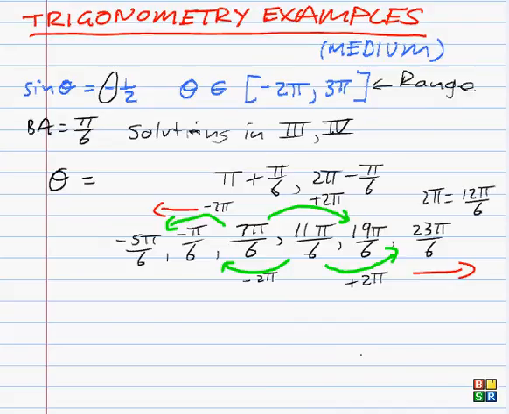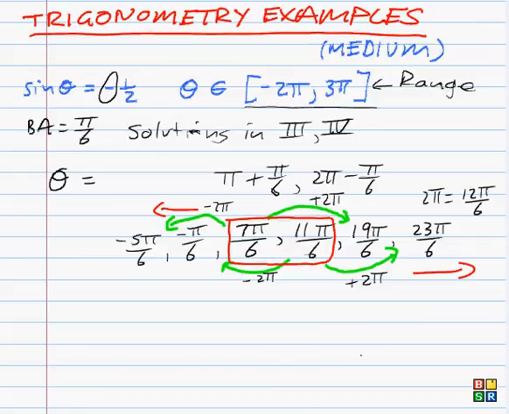Now, why are we doing this? What we're trying to do is find all the solutions that fit within the range up the top here. Let's look at the right first. The first two solutions, 7 pi on 6 and 11 pi on 6, you always get two solutions between 0 and 2 pi.